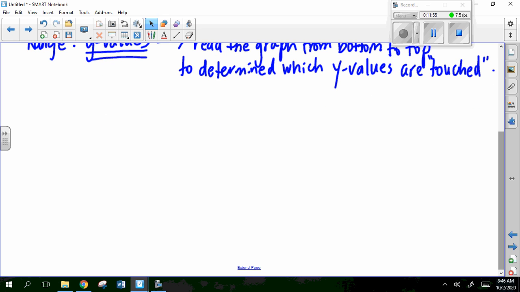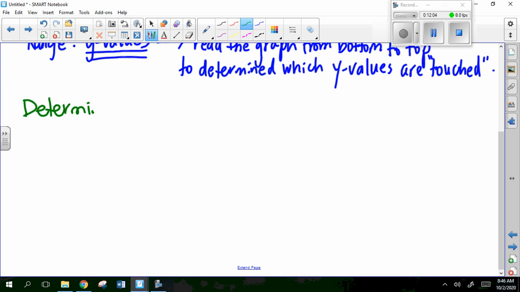Okay, so what I want us to do, we're getting into our examples, you are going to determine the domain and range from the graph. So I need to give you a graph. Sorry.